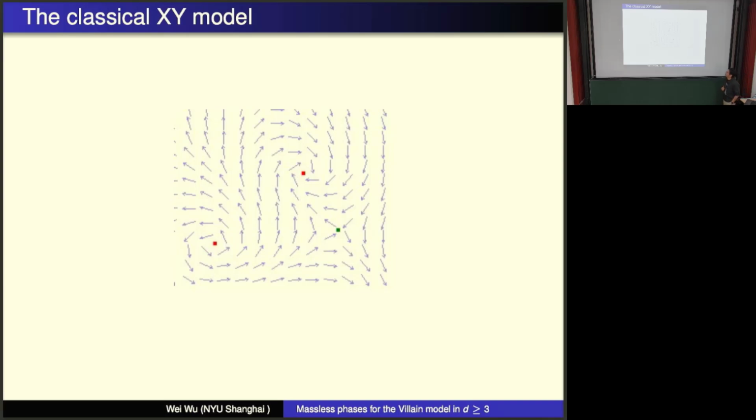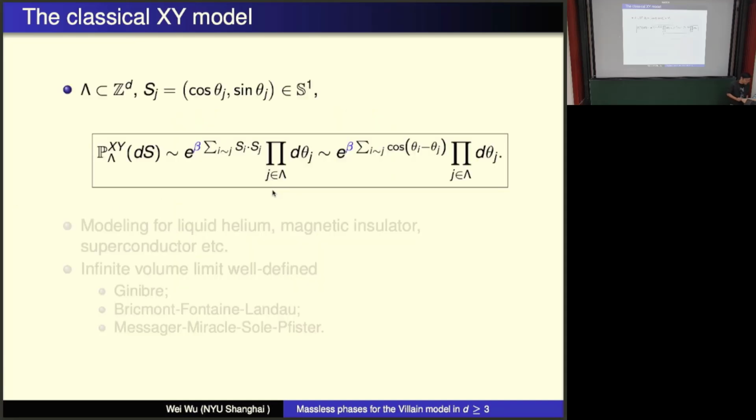Okay, so let's start by introducing the well-known XY model, which is the model such that the spin takes value on the unit circle. So at every site there's a spin on the unit circle. So the XY model is easily defined by, you can look at the Gibbs measure so that the interaction is given by the nearest neighbor inner product.